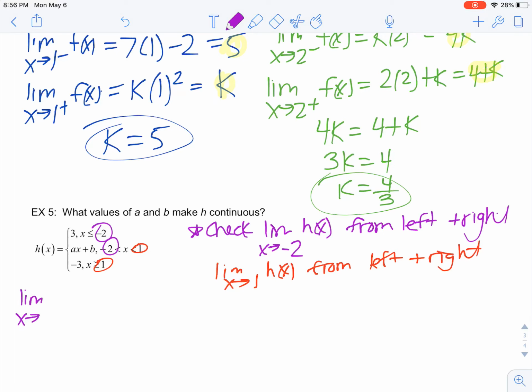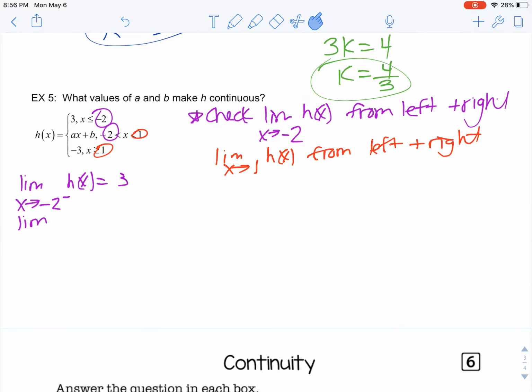So our limit as x approaches negative 2 from the left of h of x is just 3. Our limit as x approaches negative 2 from the right of h of x equals a times negative 2 plus b.